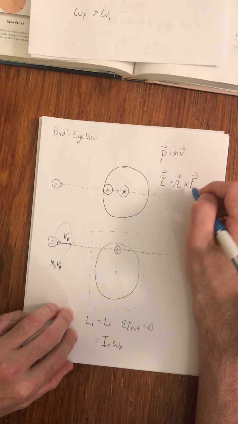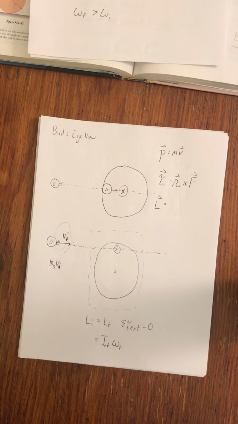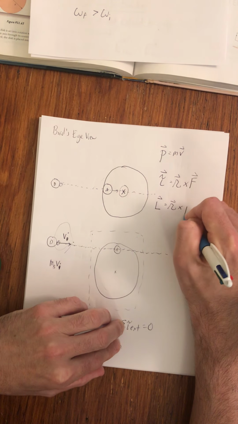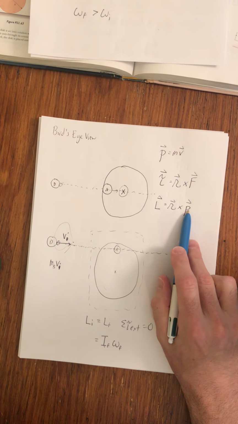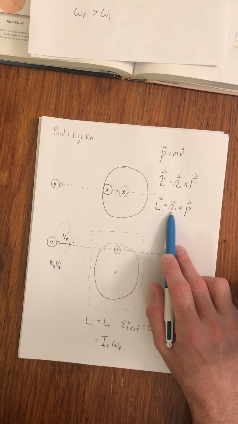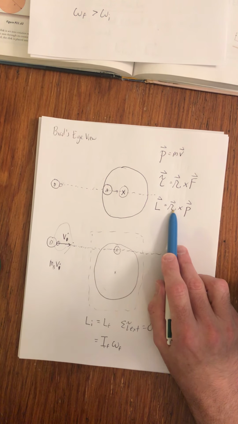If torque is equal to r cross F, what is L going to be equal to? Hopefully you see what I'm going for. It's equal to r cross p. So if I have a mass moving with linear momentum, it has angular momentum as long as the line of action of the velocity does not go through the axis of rotation, i.e. r has a value.